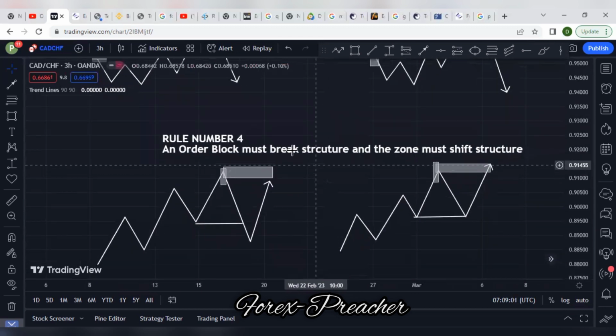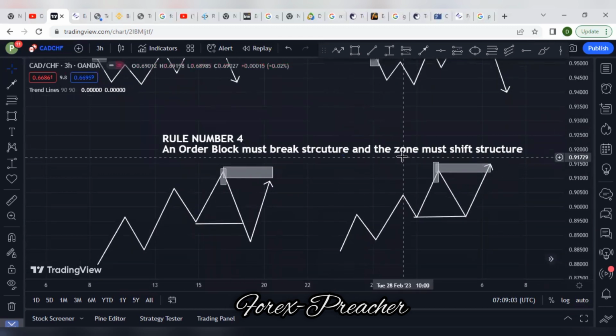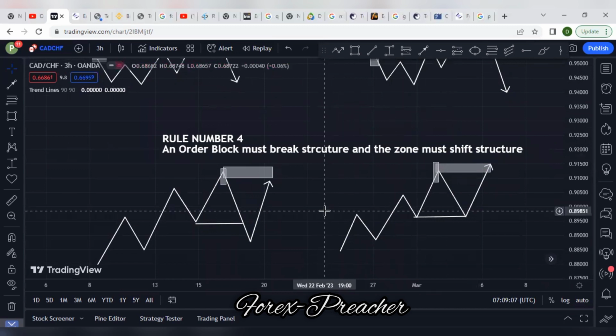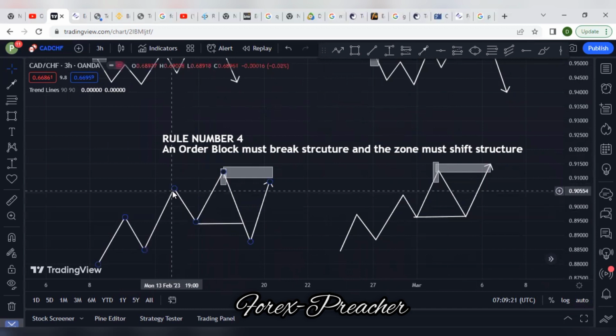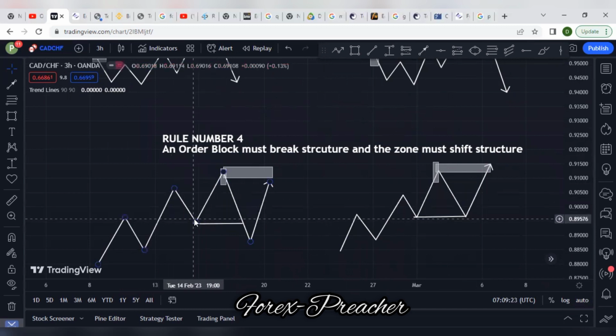Rule number four: an order block must break structure and the zone must shift structure. So what does it mean? I always tell you that you want to see two structures broken before you consider it a shift in structure. Over here, we can see that this is a high, which is a break of structure, and then this is a low. We have this one broken, and then this low also broken.